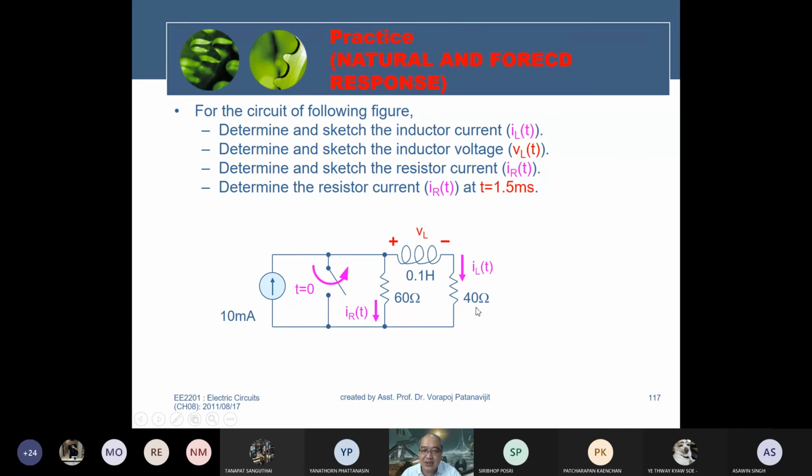Capture this question and try to solve it by hand. If you do it by hand, it will give you more understanding, and next time I will provide you the complete solution. I think the complete solution will fulfill the details of the concept of the RL and RC circuits.